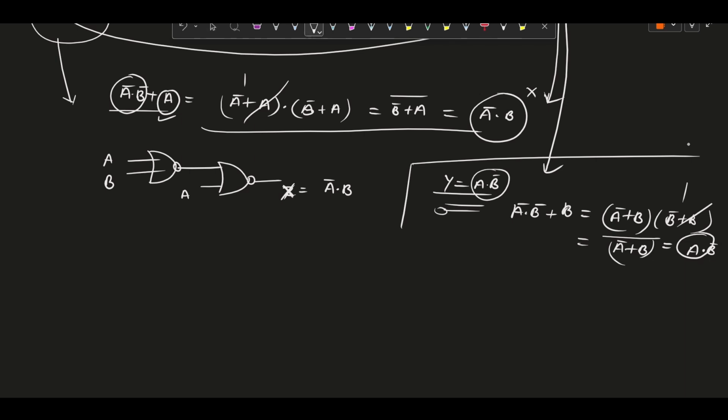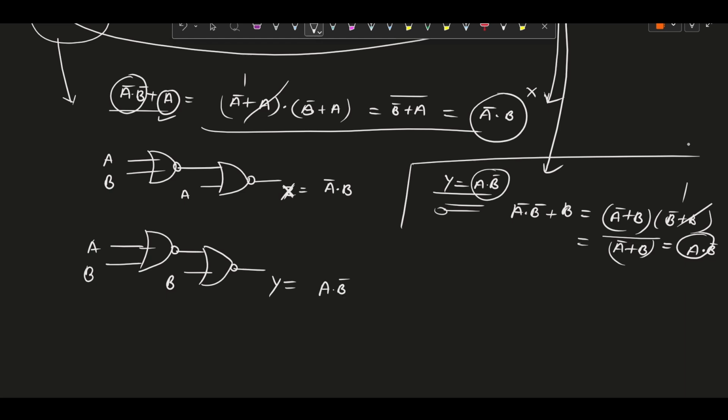So how is the Y coming? Y is coming from this concept. If we connect this output to another NOR gate, and the second input we provide as B, then we will get Y as A into B complement.